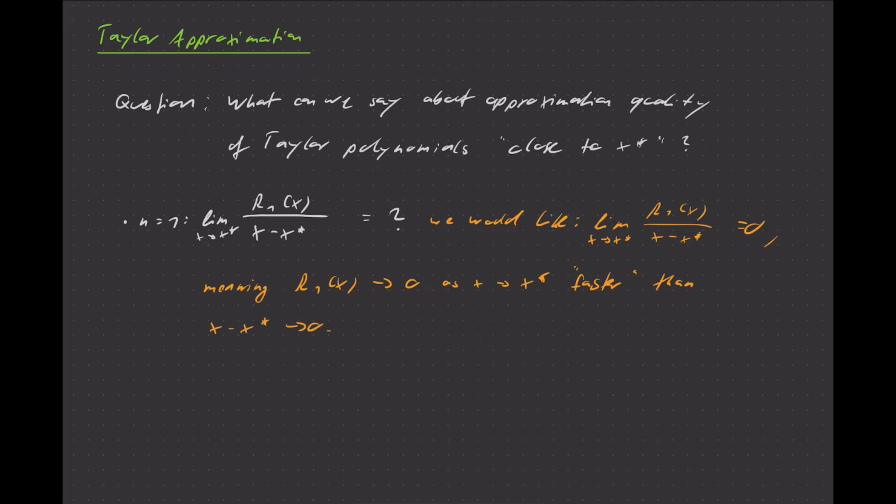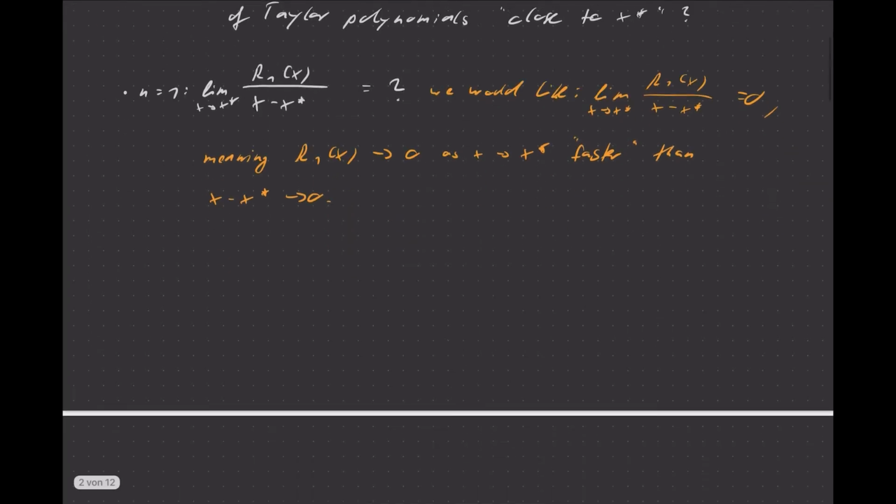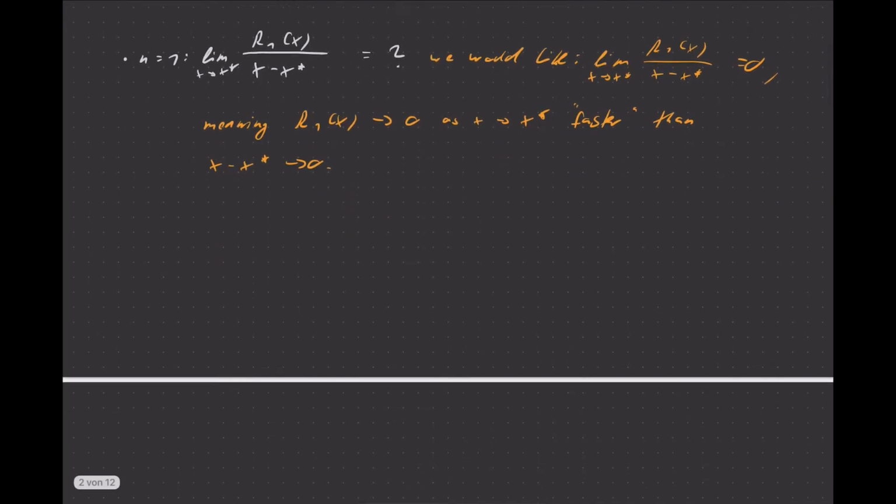So we approach x star and the approximation quantity gets better faster than we actually approach x star. So let's have a look at that limit here and see if we can say something about it.